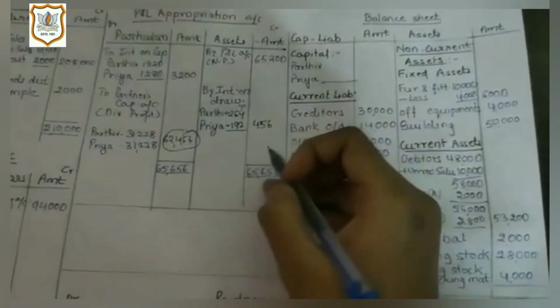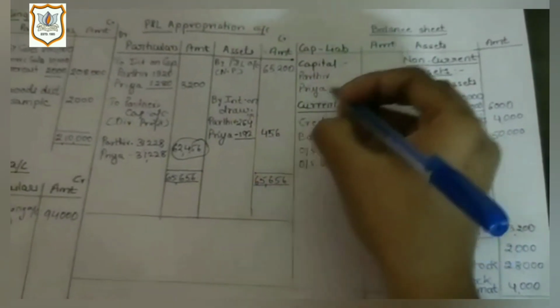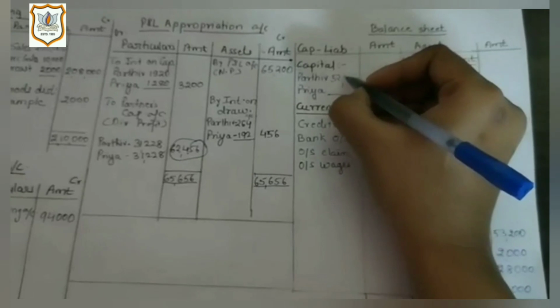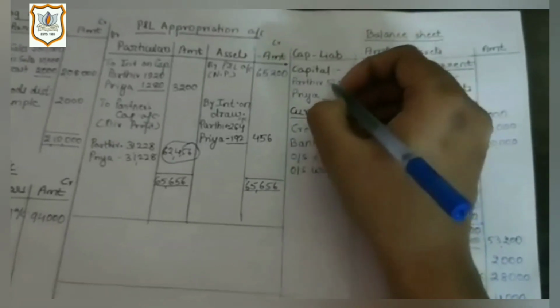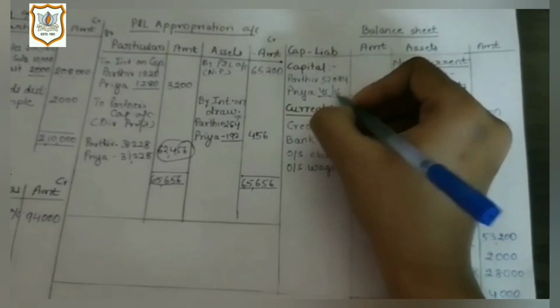Now this closing capital balance will be transferred to balance sheet. 52,084 and 45,116 of Priya.